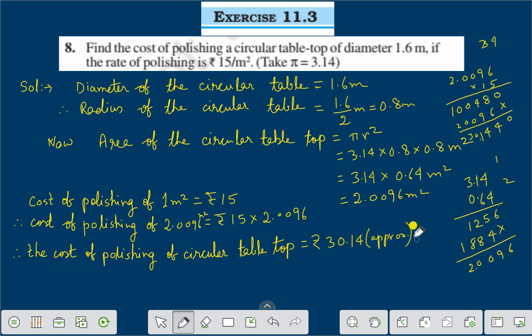Therefore, we find the cost of polishing the circular tabletop is rupees 30.14.